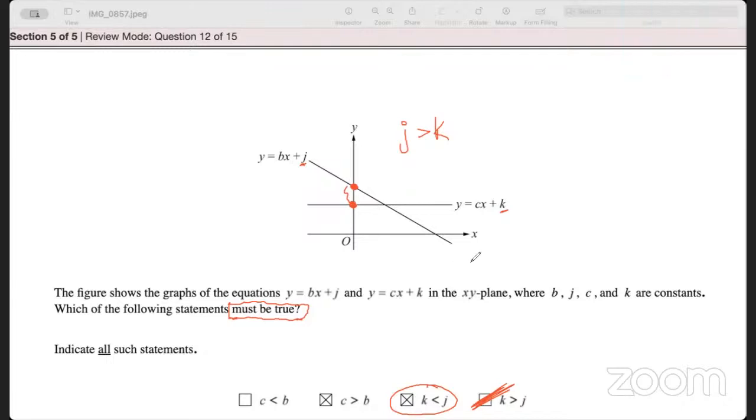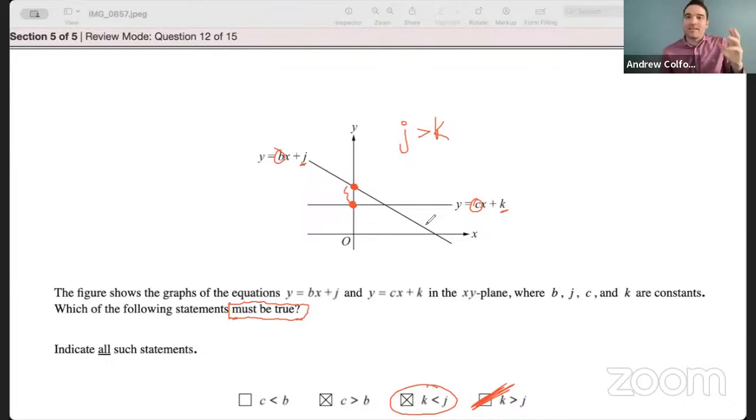However, is the slope of this line positive or negative? Negative, right? So b is a negative number. What about c? It looks like it's positive or neutral. Or is flat, going zero, right?